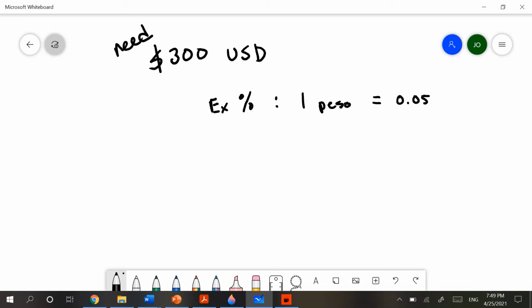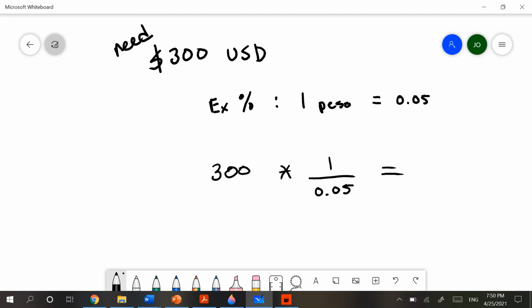Well, it's simple. Remember that we're going backwards. So I take my $300 American and I multiply it times the inverse of 5 cents American, which is basically saying that I'm going to make this little fraction here. That's the inverse.